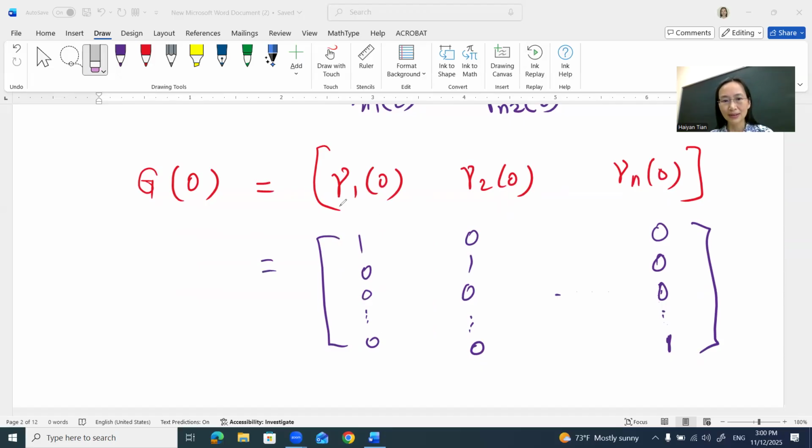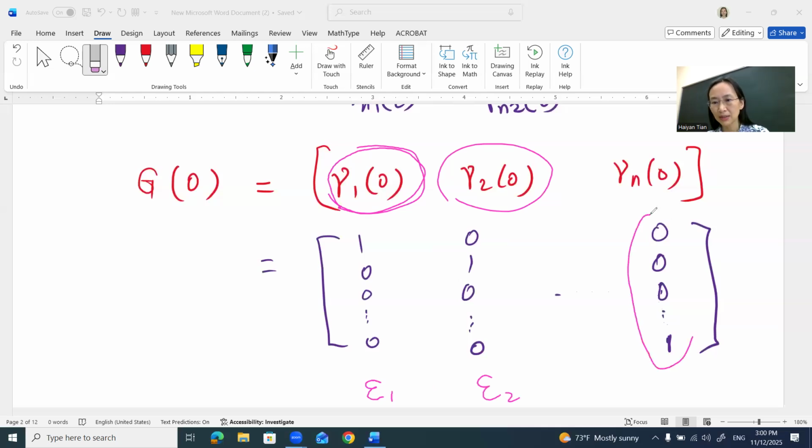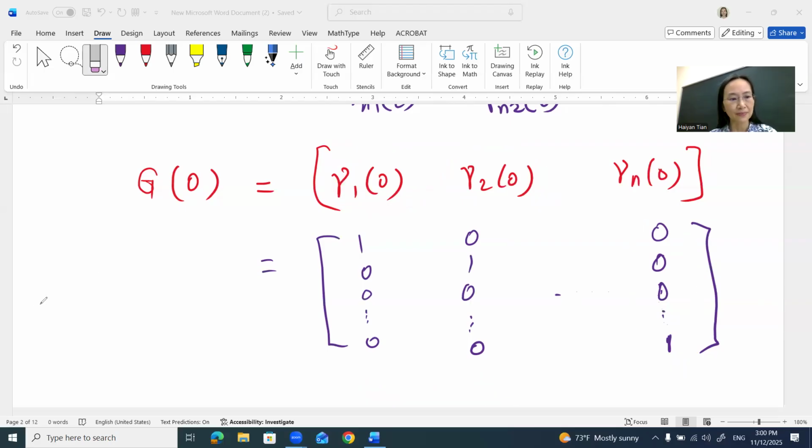Gamma 1 is a solution of the initial value problem with initial data epsilon 1. So gamma 2 at 0 will be epsilon 2. Gamma n at 0 will be epsilon n. Together, the fundamental matrix evaluated at 0 will be an identity matrix.